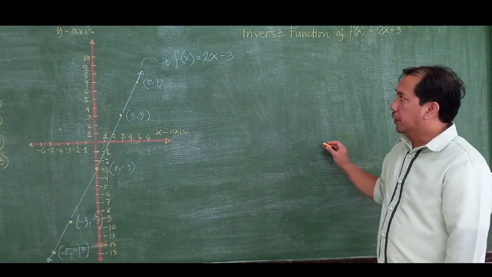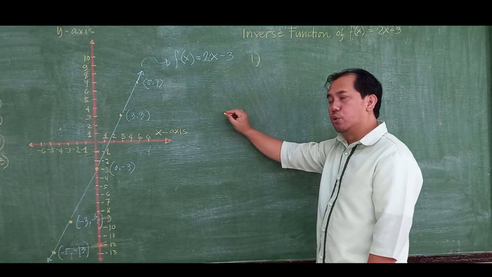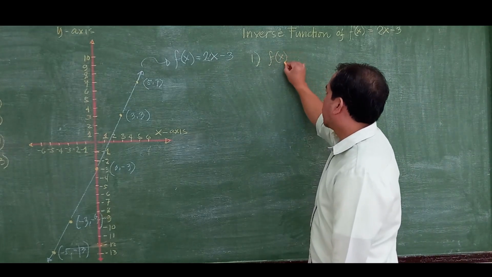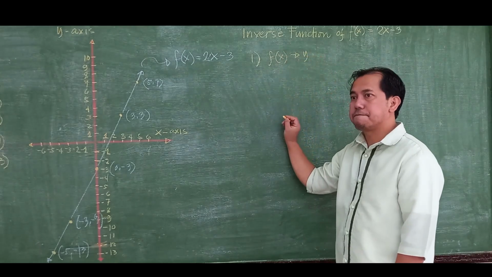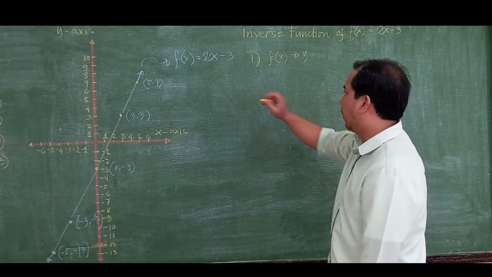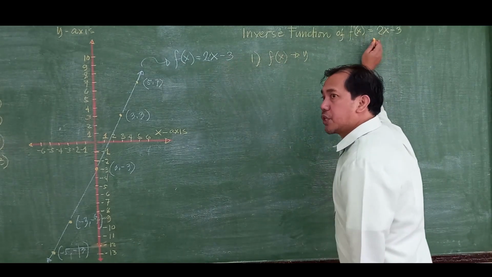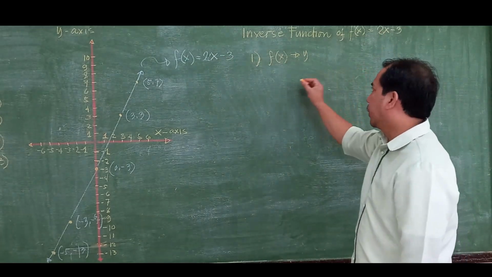So notice that when we get the inverse of this one, the first thing that we're going to do is change f of x to y. So what is our function? f of x is equal to 2x minus 3. What are we going to do?